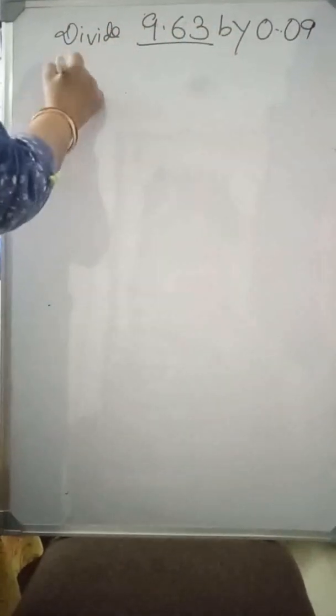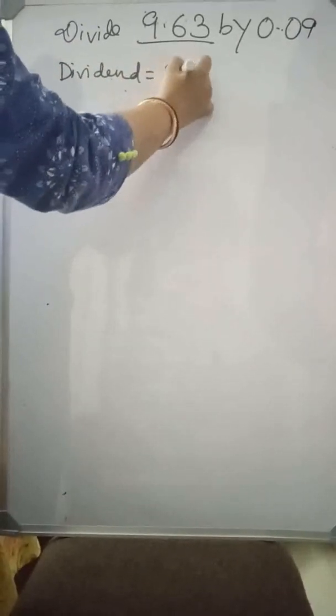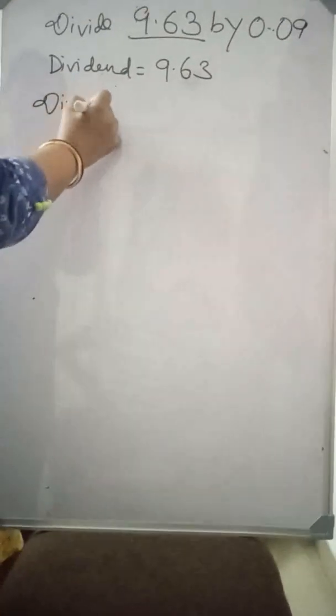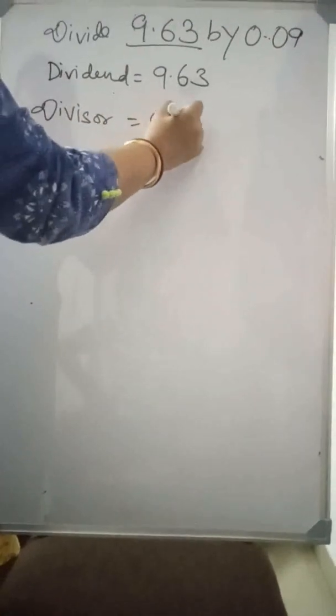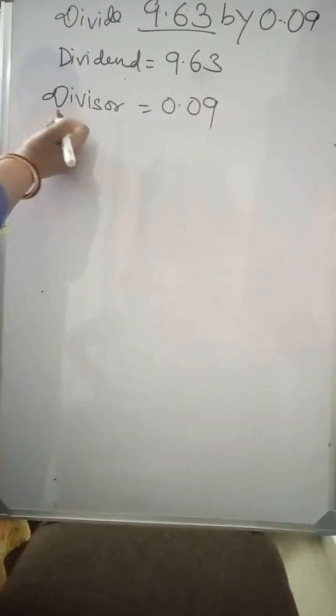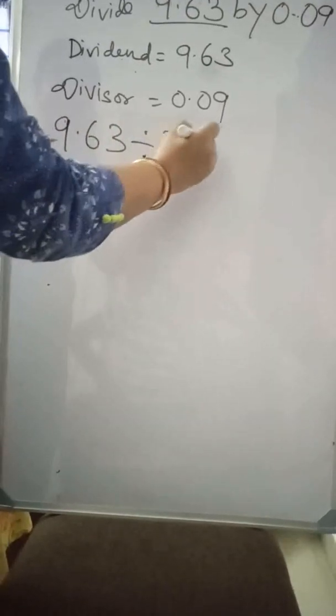Here this 9.63 is the dividend, the number which is to be divided, and the divisor is the number which is used to divide. Divisor is 0.09, correct? Now here we can rewrite it as 9.63 divided by 0.09.